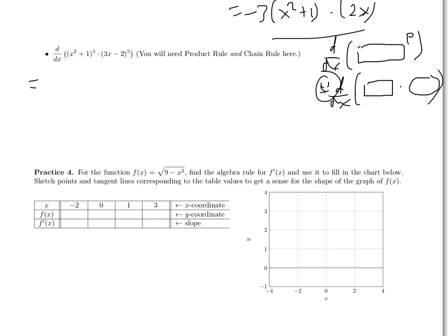So the derivative, according to the product rule, is the derivative of the first thing, so x squared plus 1 cubed, derivative times the second thing.